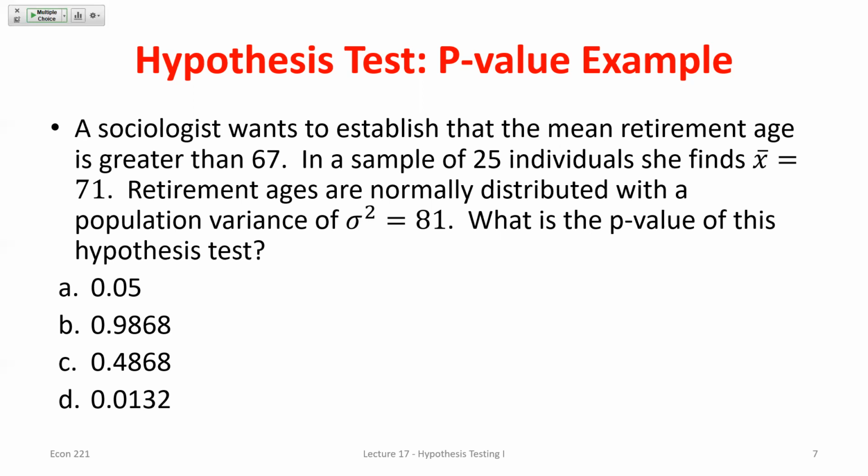Because if I saw sample evidence that was inconsistent enough to reject this as the true value, well then for any other value, like let's say I thought about the assumed true value of 8%, my sample mean should be normally distributed around that. And now the p-value is going to be something even smaller. So if I can reject that last value in my null hypothesis, I can reject every other value in that range as well. So we're always going to use whatever value we see in that null hypothesis.